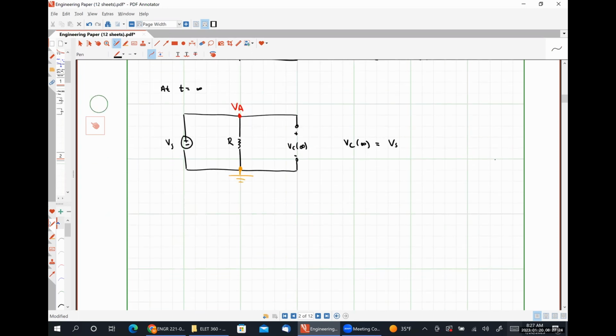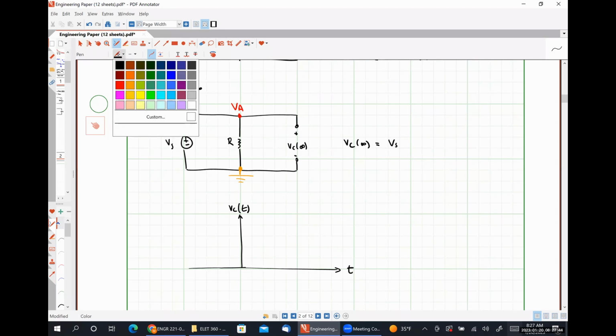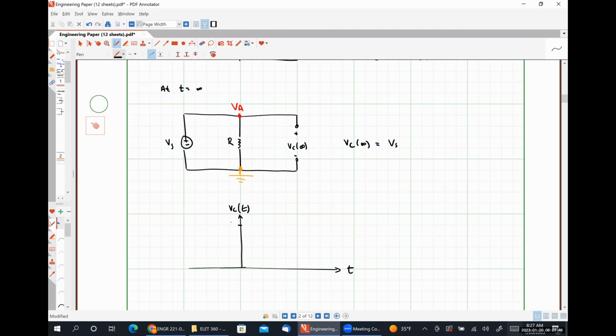So if we were to plot this as a function of time, we're going to have something a little bit different, but very similar to what we saw with our natural response equations. So here's VC of t, here is t. Let's call this value, I'm going to use a different color here, Vs. So we're at 0 for a long time.